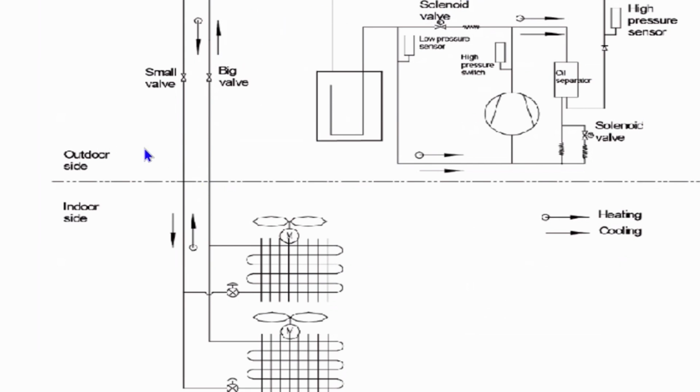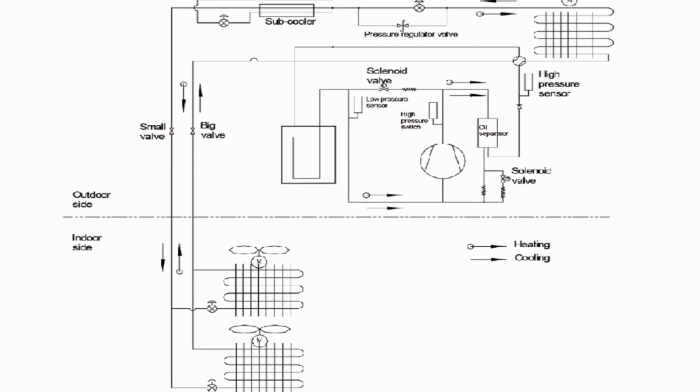Now, I know there's some people on here going, man, it'd be nice to have those piping diagrams. Well, you do have access to these piping diagrams. All the piping diagrams I'm going to talk about today come out of the service manual. Whenever I get time, I would like to highlight this diagram and make it a little more user-friendly and easier to read. This is an example of a machine in cooling mode.